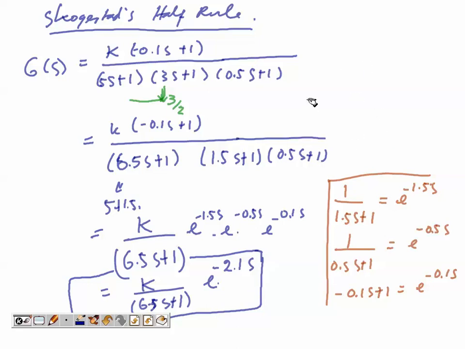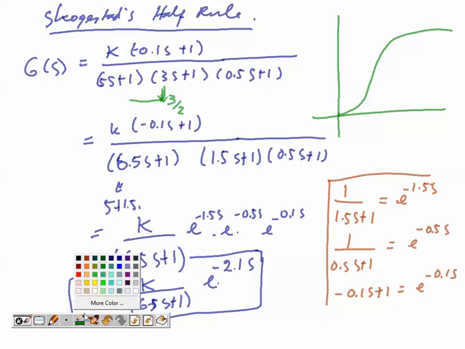The responses of the Skogestad half rule, the Taylor series and the original can be compared in a graph. This is the original, for example like this, and this is the graph of the Taylor series approximation.